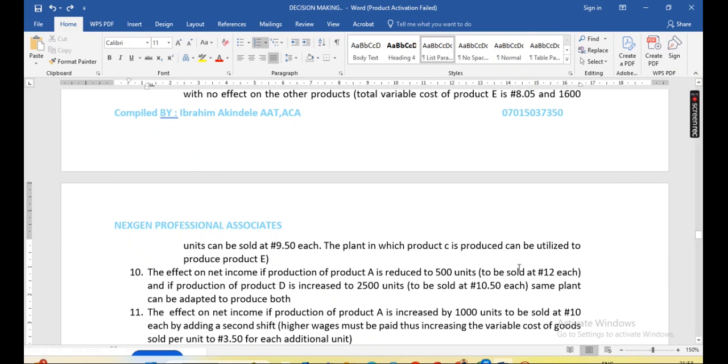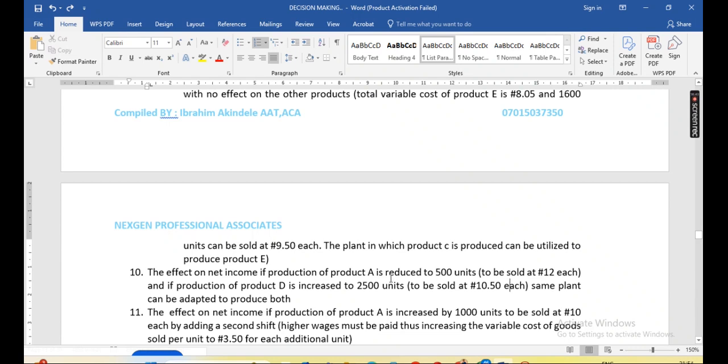So if you increase the selling price to 12 naira per unit, and if production of product D is increased to 2,500 units and sold at 10.50, the same plant can be adopted to produce.